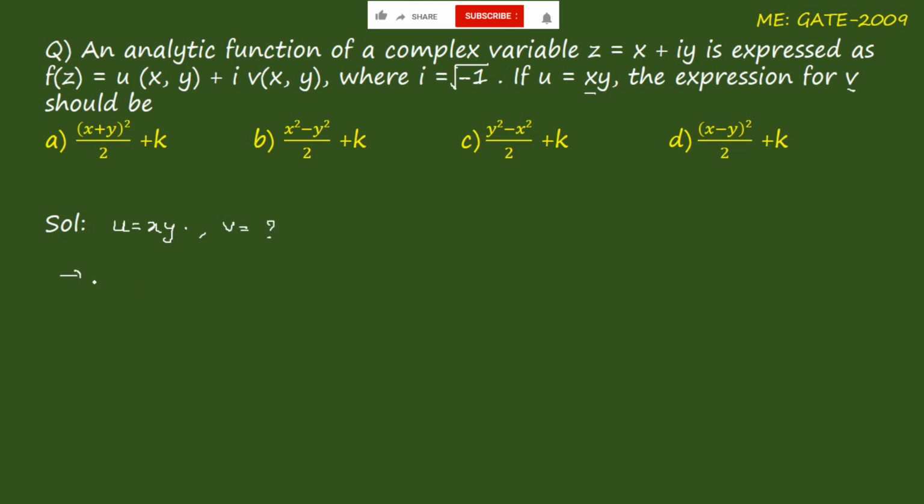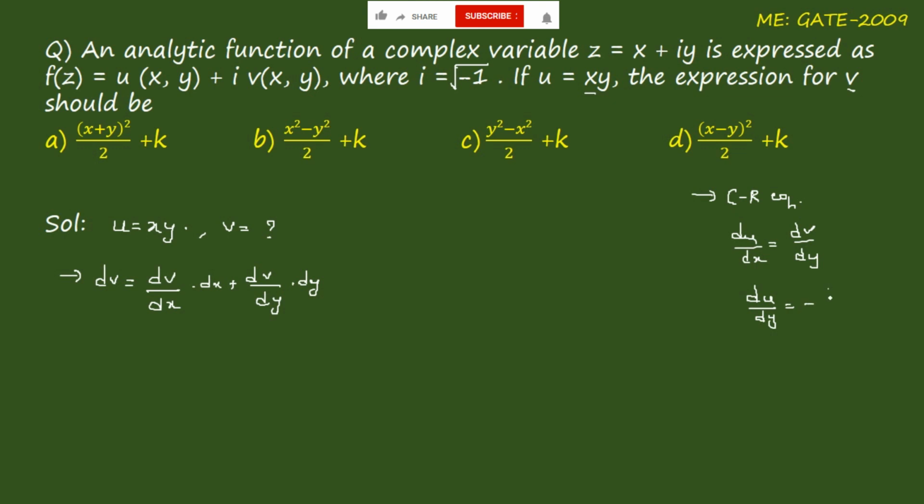Now what we do is differentiate v. Then we get dv by dx into dx plus dv by dy into dy. But we know the CR equations, Cauchy-Riemann equations, right? That du by dx is equal to dv by dy, and the other one is du by dy is equal to minus dv by dx.